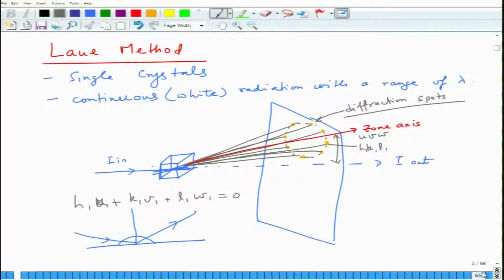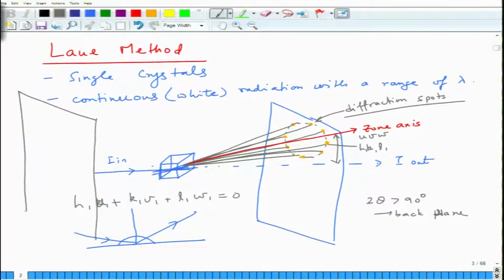So for 2 theta greater than 90 degree, you will have back diffraction on the back plane. So basically the screen needs to be put on this side, and the diffraction cone, if I draw using this, would be like this.